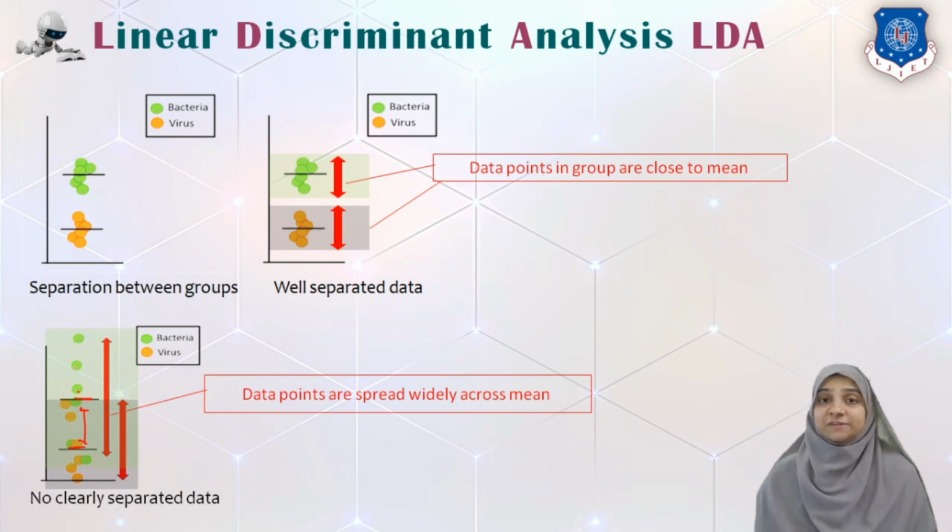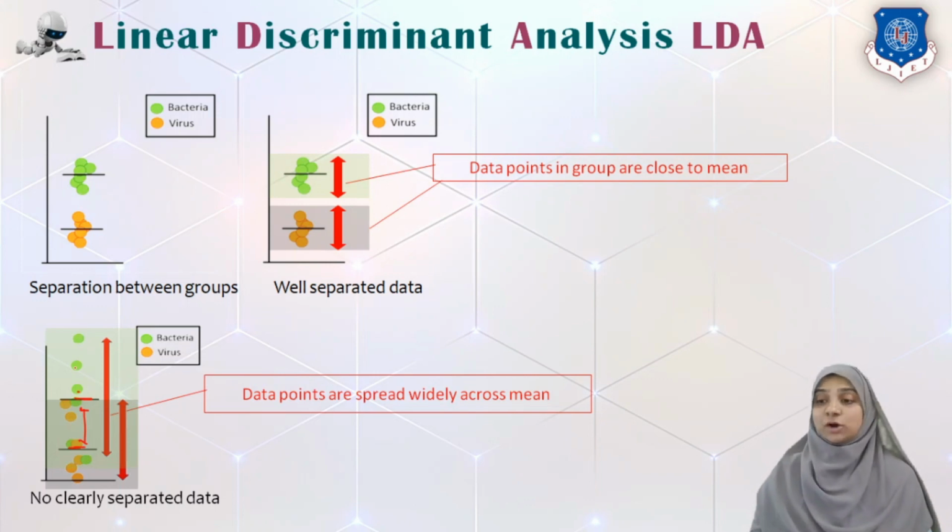First, the mean of each individual group must be far from each other, and second, every data point that belongs to a particular group must be close to its intra-group mean.